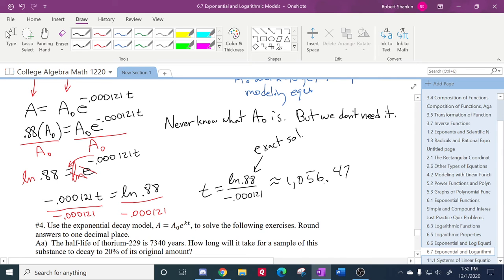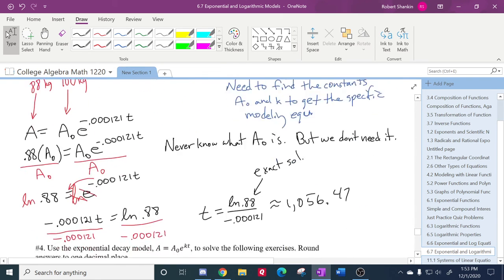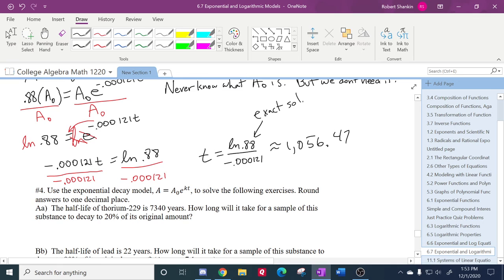So that's the answer for T. And so how old are the skeletons? The skeletons, worded problem needs a worded answer. Approximately 1056 years old.